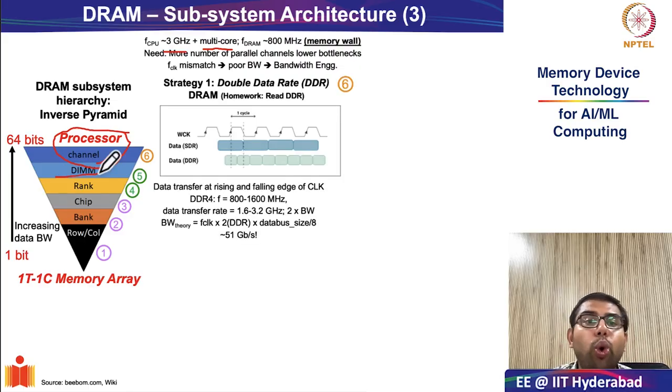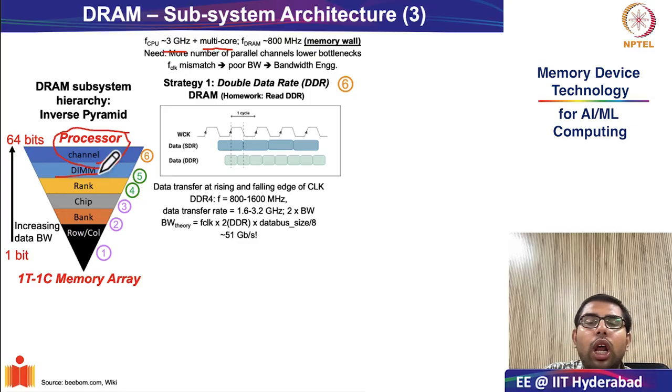Here too, you do innovation in 2 different aspects. One strategy is to use this very interesting concept of DDR. You might have heard of DDR. It stands for double data rate. So what is the concept of double data rate?